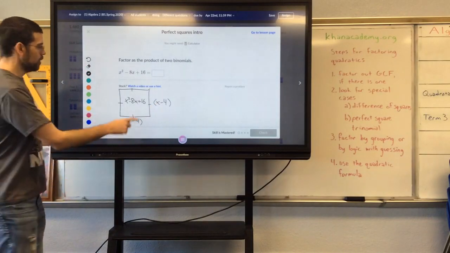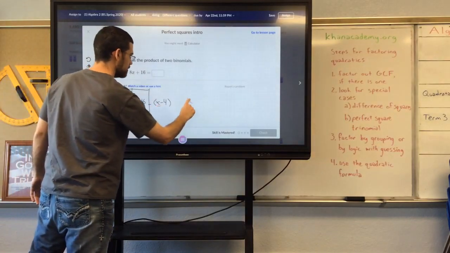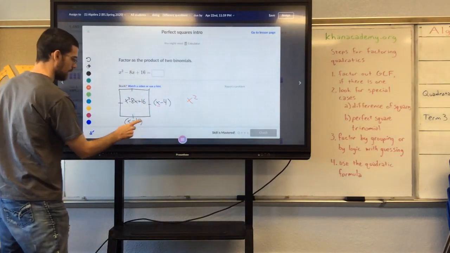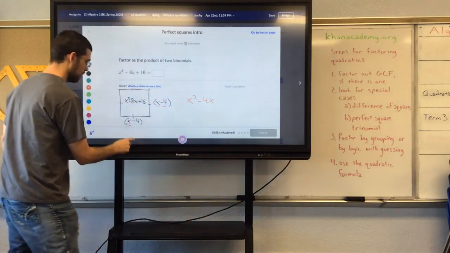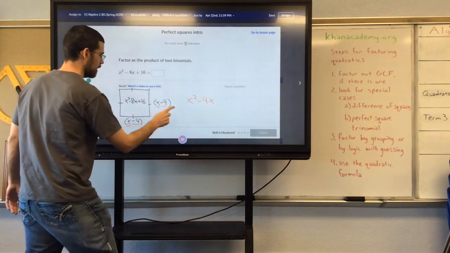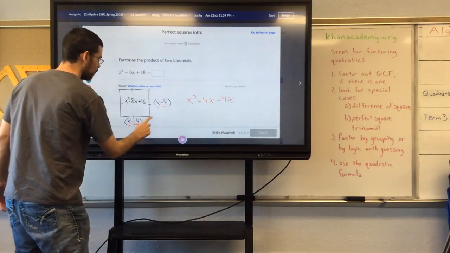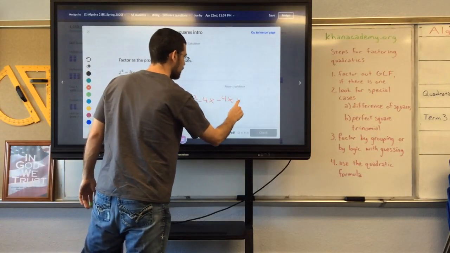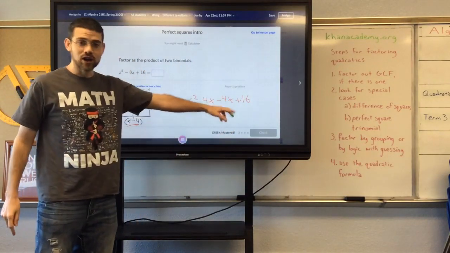So if I multiply this out, I get x times x is x squared. x times negative 4 is negative 4x. Negative 4 times x is negative 4x. And negative 4 times negative 4 is positive 16. Now I have negative 4x minus 4x.